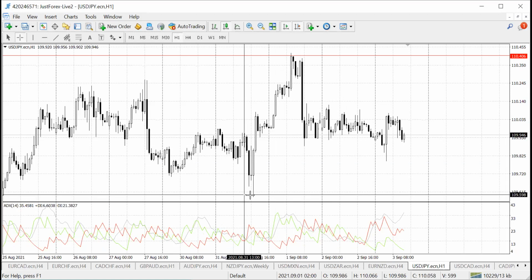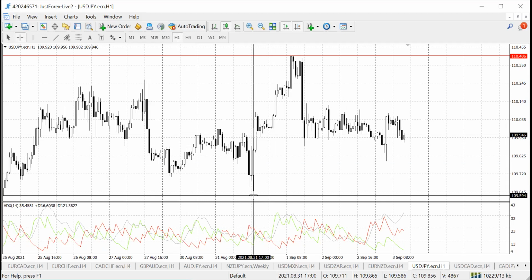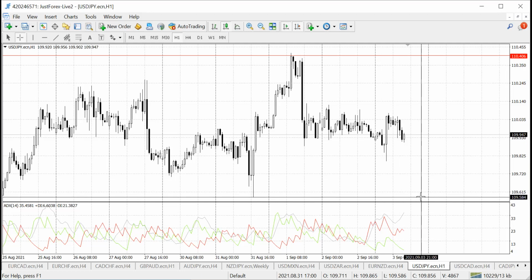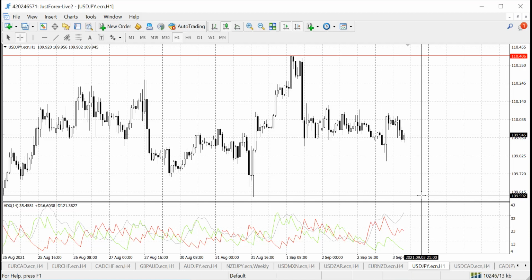You see this zone, so this zone was retested. The last time we had the NFP, that's where the USDJPY retested. So you can have your take profit at 109.592. That one is a sure trade, you won't miss at least 50 pips.